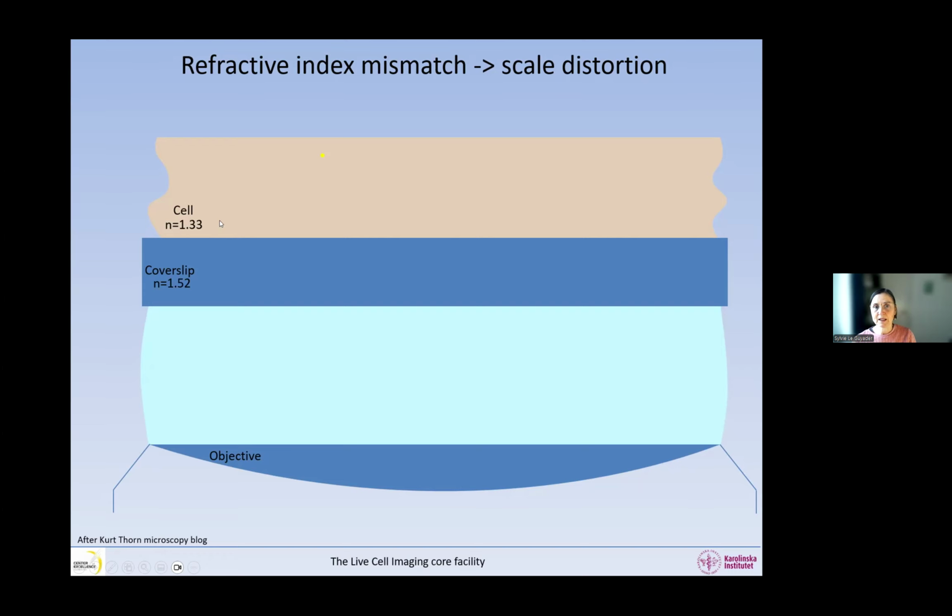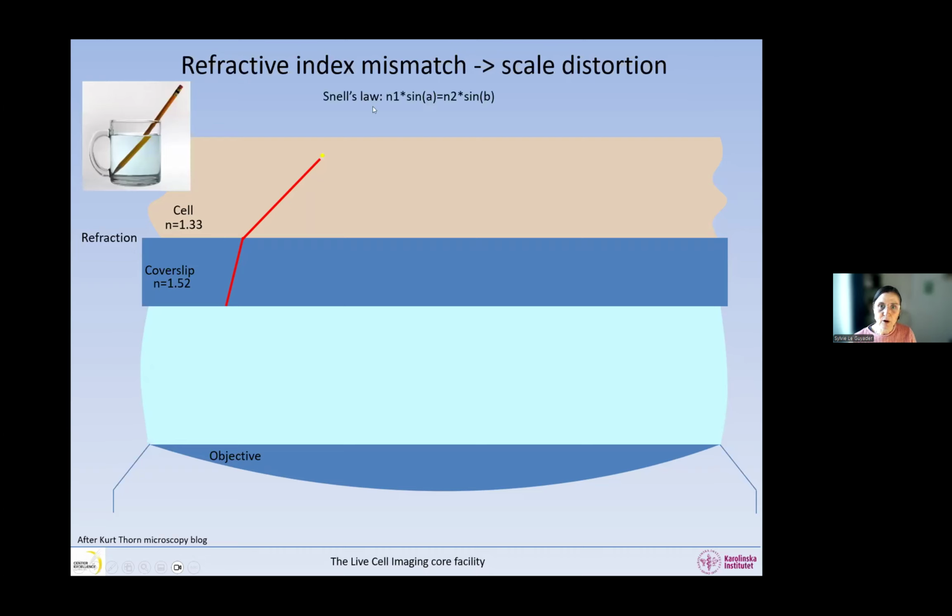So it's cells grown on the cover slip, and therefore this is like 1.33. It's the same refractive index as water. And here we have the cover slip, which has a 1.52 refractive index. So here we have refraction because we have a different refractive index. The light that comes in from this fluorophore is going to reach the cover slip, and here we have refraction. That's normal, and this is exactly this effect, okay?